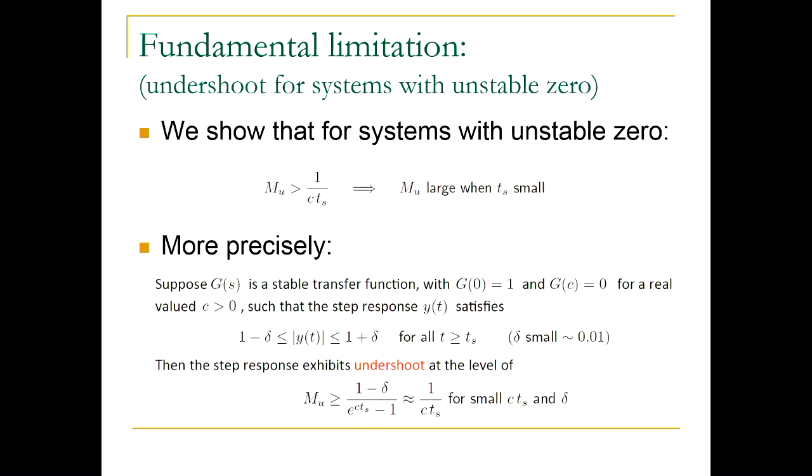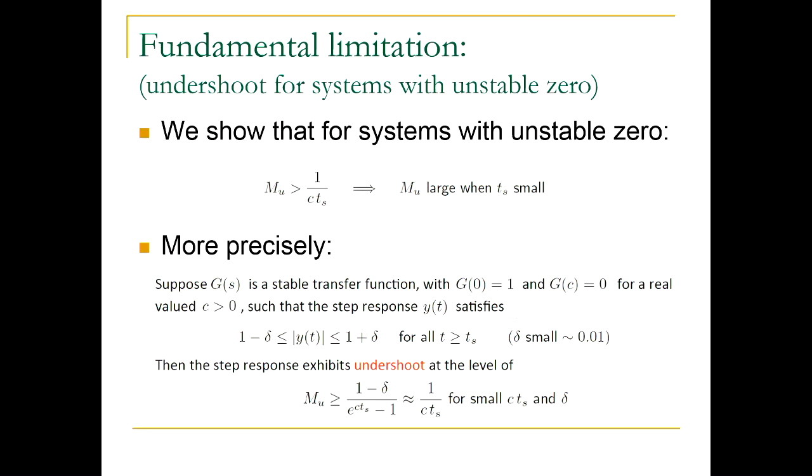Then the statement that you can make in general under these conditions is that the step response will always exhibit undershoot at the level of this. So undershoot is lower bounded, meaning that you have to go down by at least this amount before you start converging to y infinity. Note that this depends on the unstable zero C and the settling time.